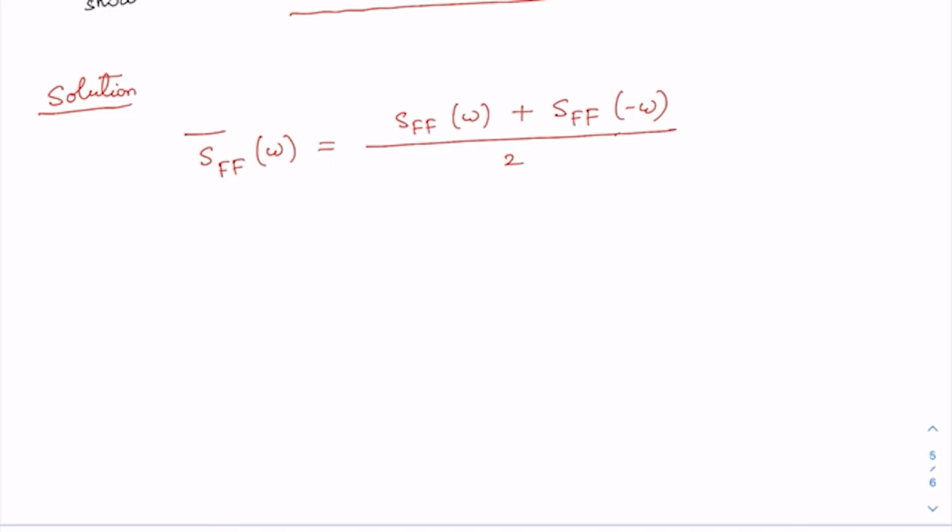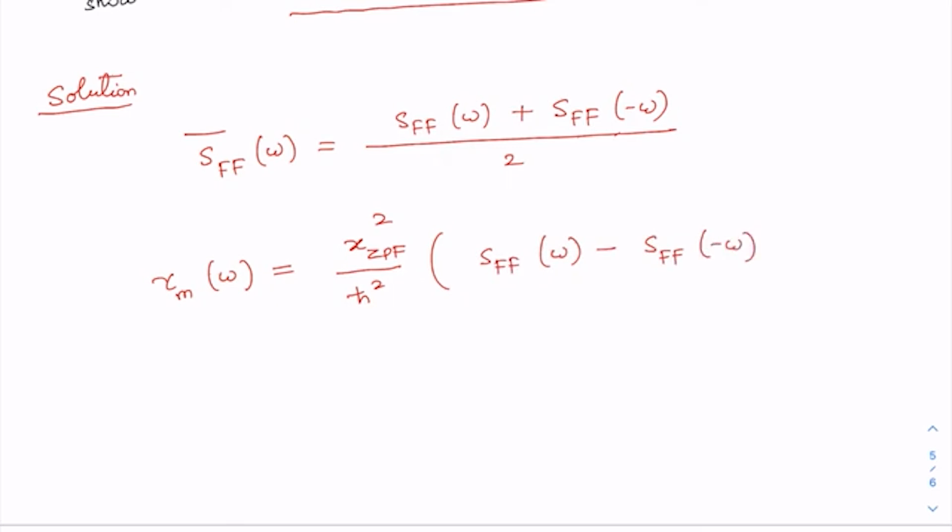We know that the dissipation rate gamma for the mechanical oscillator, gamma_m evaluated at frequency omega, this expression we have already worked out in the previous problem: x zero point fluctuation squared divided by h cross squared, times S_FF at omega minus S_FF at minus omega.